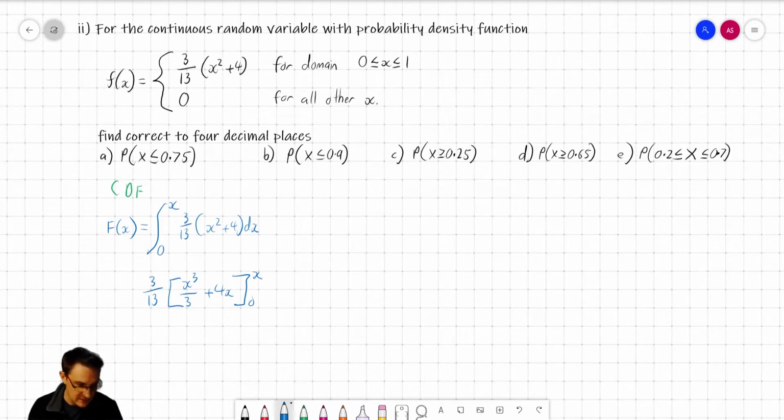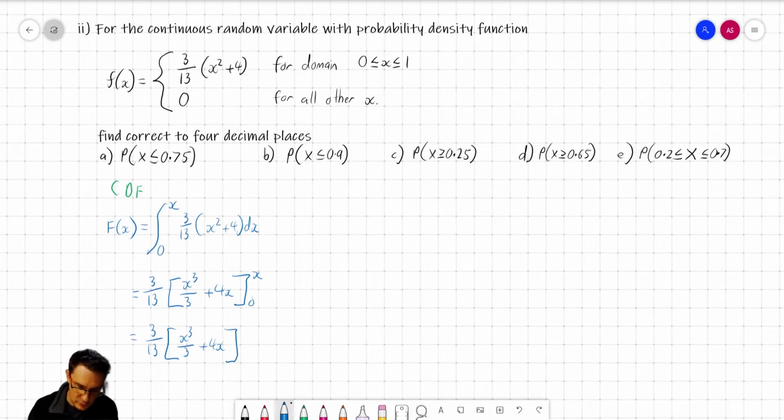As I substitute this in, we end up with 3 over 13 bracket, x cubed over 3 plus 4x, because we're substituting in this value of x. But when we substitute in the value of 0, we find it's just 0, so there's not actually anything else we need to write here. We can just close it off there.